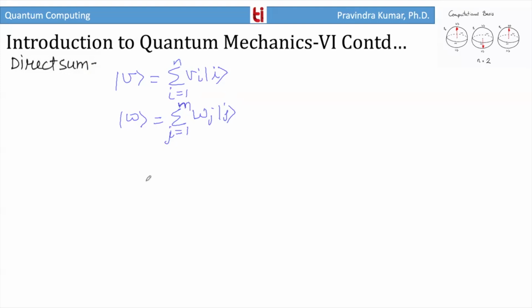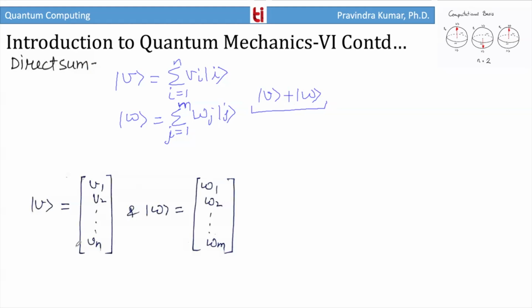If we define m plus n basis vectors, then the vectors spanned by these basis vectors are |v⟩ ⊕ |w⟩, and this is known as the direct sum.